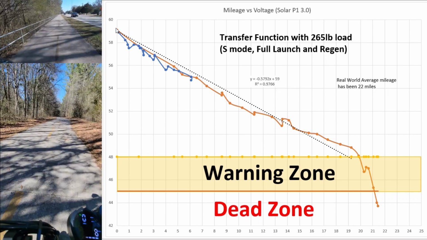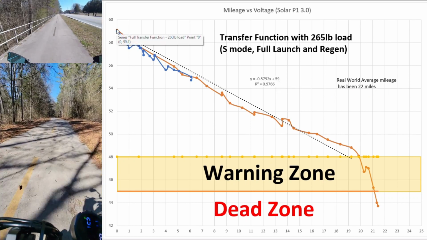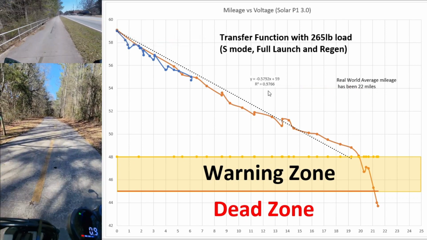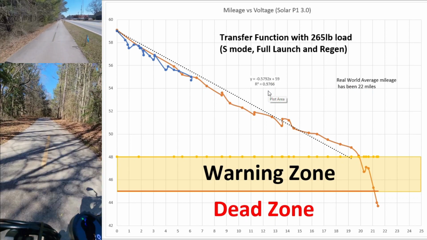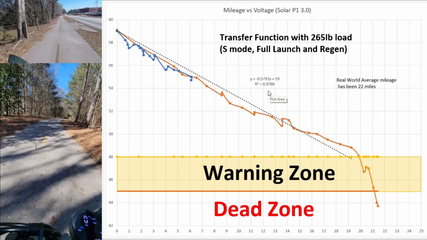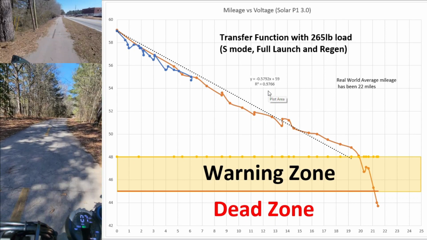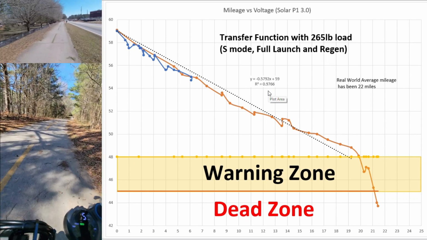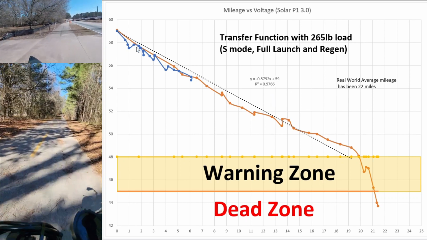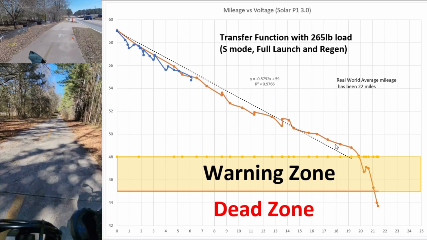Every data point is going to start from here, and then the slope is going to depend on the weight of the user and the kind of driving that you're doing, what kind of terrain you're on, if you're on hills, for example, if you're driving full speed, that sort of thing. So this is generally what I'm going to get.